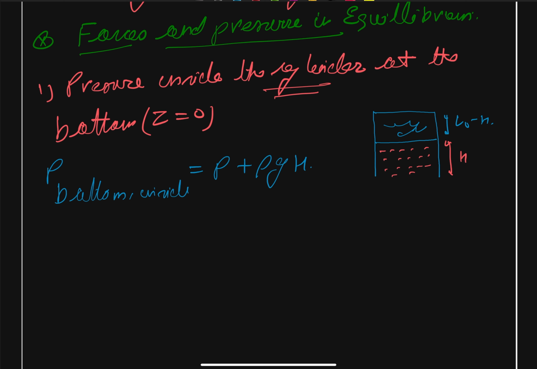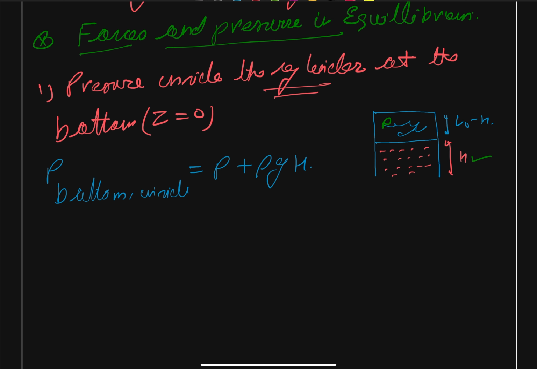We assumed here that this is at a pressure P, and this is nothing but a water column whose height is h. Rho is the density of the water and g is our acceleration due to gravity. Okay.